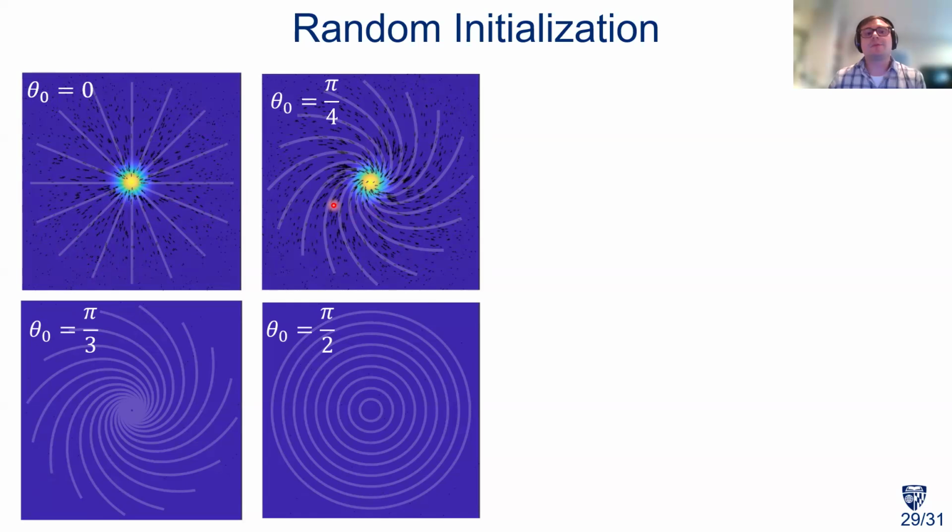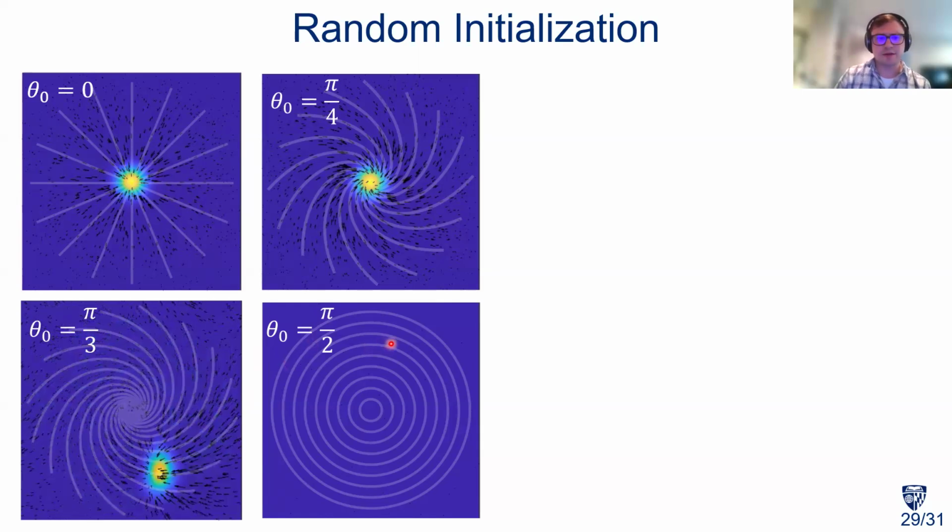However, above theta naught equals pi over 4, we found that this is not guaranteed. And so if the cluster nucleates away from the center, we get a state where the cluster will circle around, and it'll just keep circling around forever. So you get this dynamical state where it won't stay still because of the anisotropic friction.